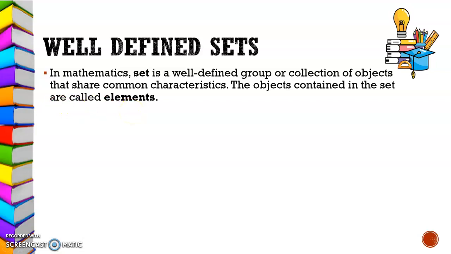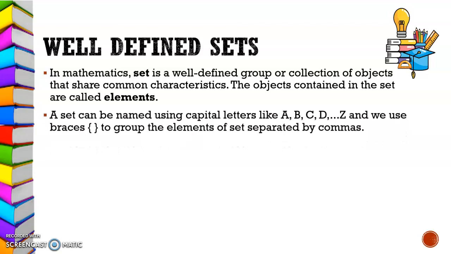Going back to the flowers earlier, we have anthurium, gumamela, and tulip. That is a set of flowers, and the elements are anthurium, gumamela, and tulip. Those are elements. A set can be named using capital letters like A, B, C, D, up to Z. You can use any letter in the English alphabet to name the set. However, the letter should be written in capital.